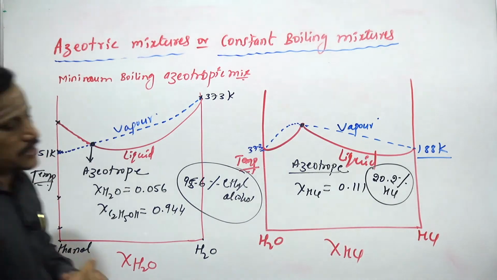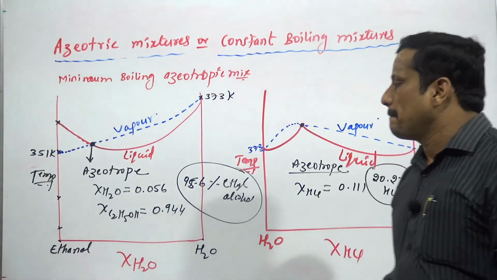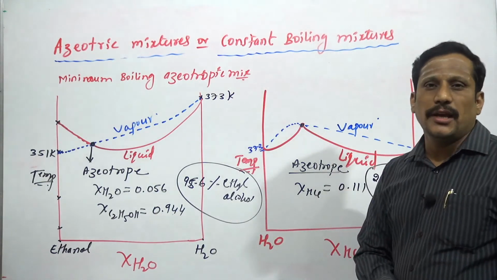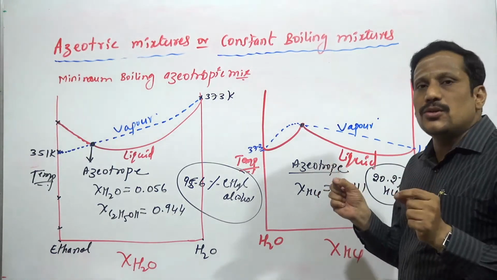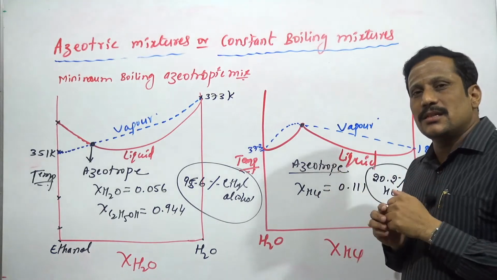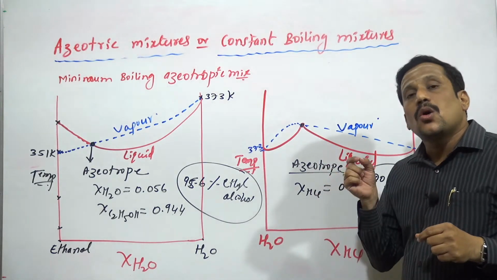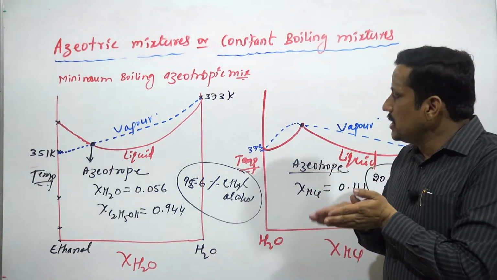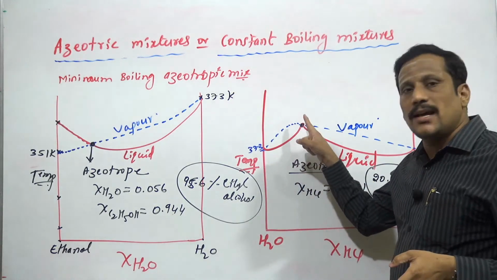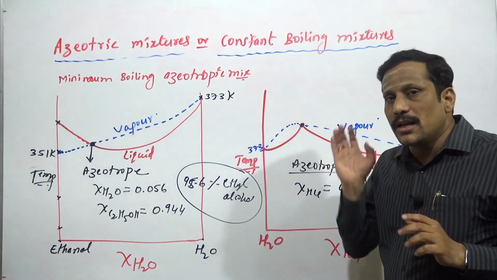So, what are these graphs representing? Graphs are not important for theory. The only thing I wanted to show is, from these graphs, what the composition of the liquid as well as vapor is at a particular temperature.